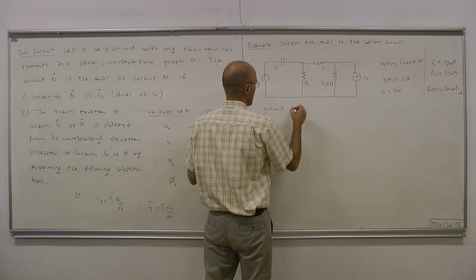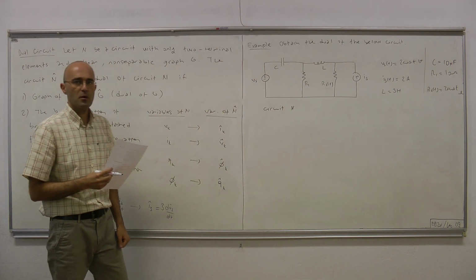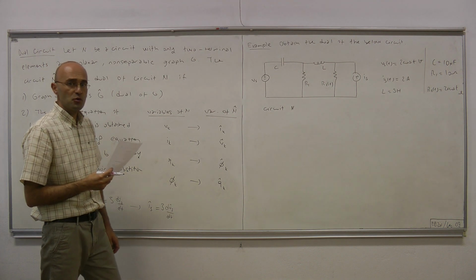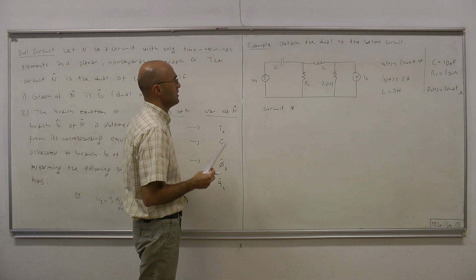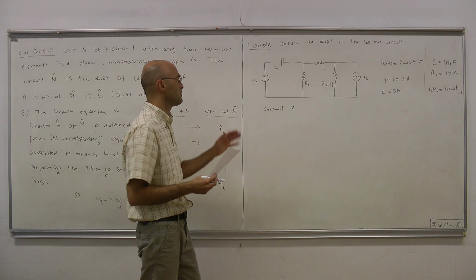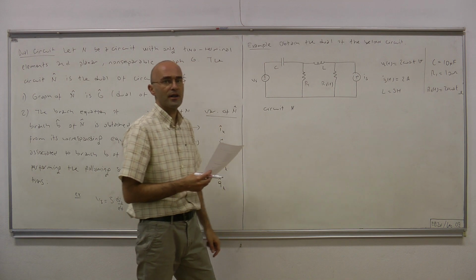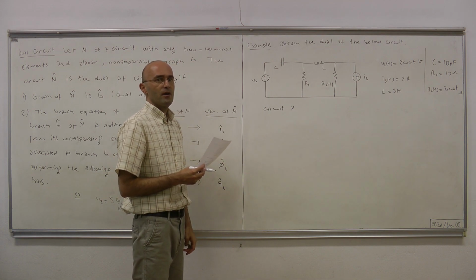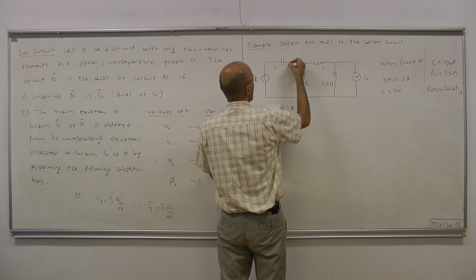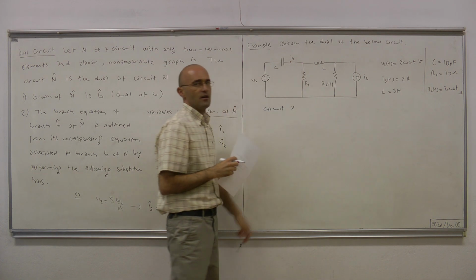So this is our circuit, and for the circuit we want to obtain its dual. Let's do some labeling, because we need to keep track of things, and labeling is very important. By which I mean, let's give numbers and directions to each branch. Let this be our first branch, and suppose that this is the current.